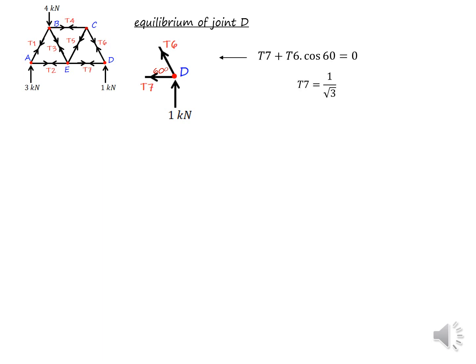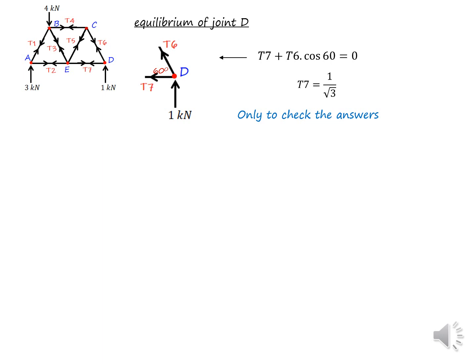So we can apply the horizontal equilibrium equation. Straight away we can get the value for T7, because T6 is a known value. So T7 is 1 divided by root 3. We can check the answer we obtained from the previous equations.